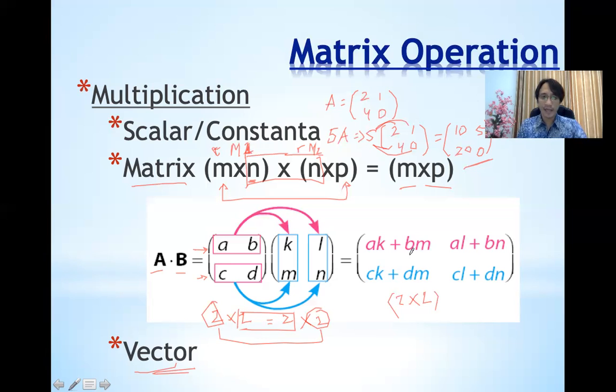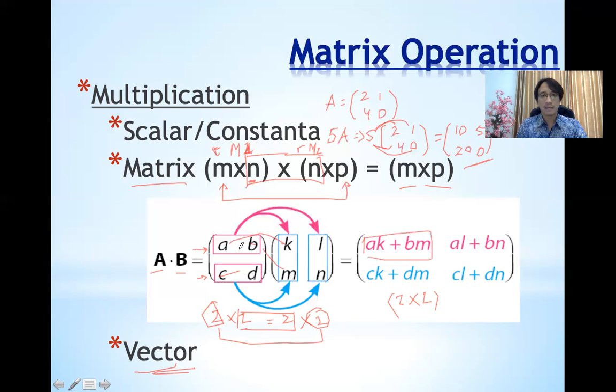And this is the way we calculate it. A, B, C, D. So A times B, or A multiplied with B, means for the first row and first column, we multiply A with K plus B with M. A with K, B with M. AK plus BM.